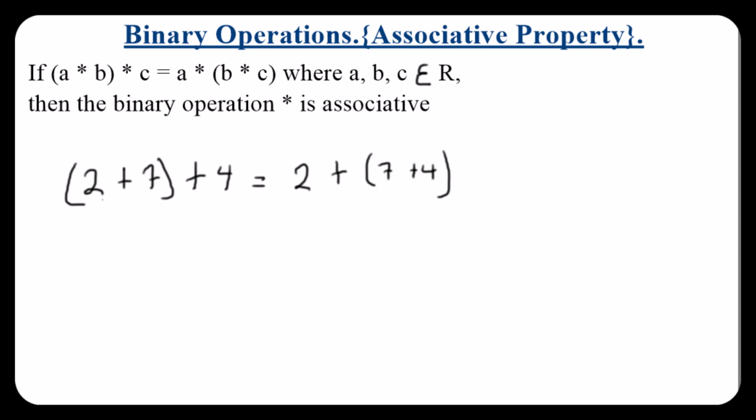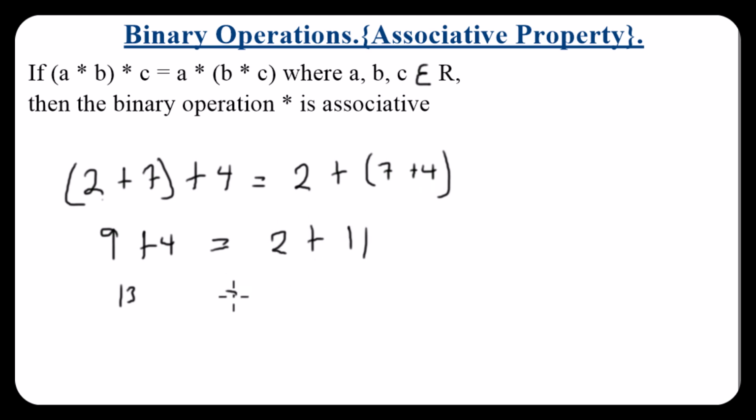So let's try and do this. 2 plus 7, we have 9, because we have to treat the bracket first, according to BODMAS, plus 4, and then 9 plus 4 gives us 13. Now, let's solve the expression on the right hand side. Again, start with the one in the bracket. So this becomes 7 plus 4, that's 11.